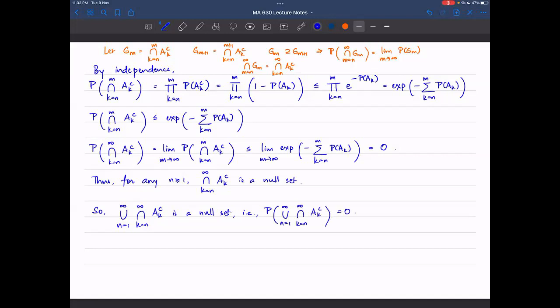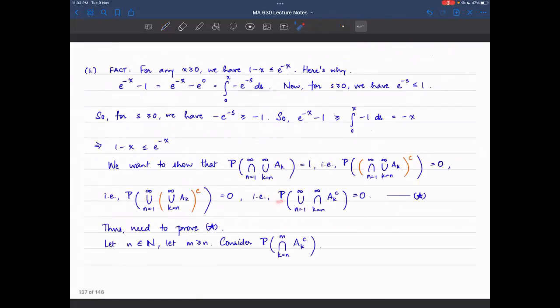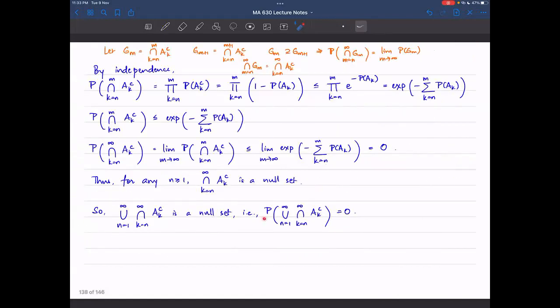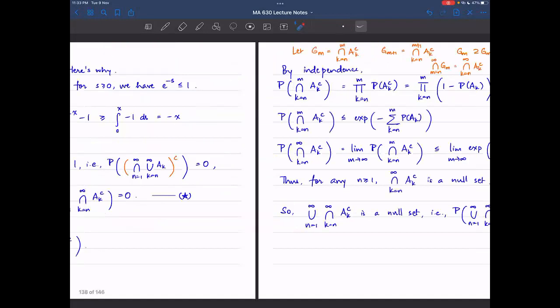But wait a second, this is exactly what we wanted to show. We wanted to show that the probability of the union n going from 1 to infinity, intersection k going from n to infinity, A_k complement is 0, and that's exactly what we have. And so we're done.